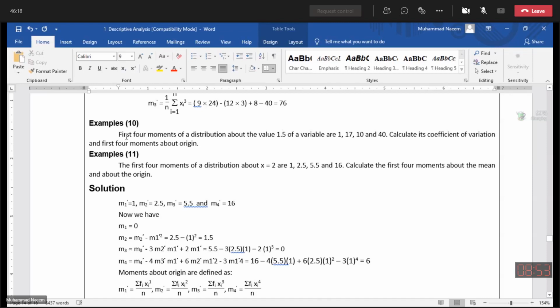In the first moment, power 1 is used, in the second moment, power 2 is used, and similarly up to the fourth moment. Expand all these powers, apply sigma and divide by n for each term. We will get one by one all the first 4 moments about the origin.